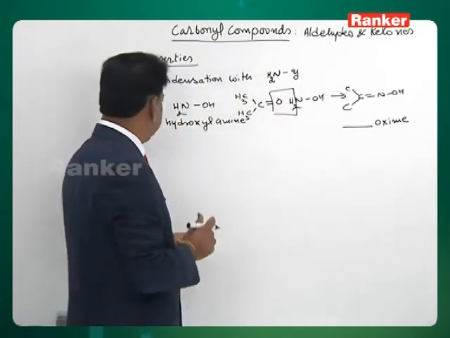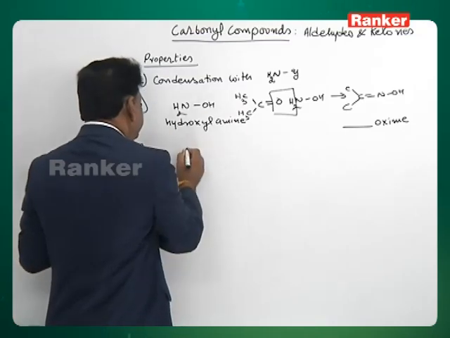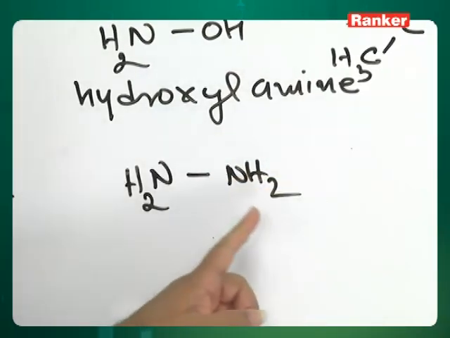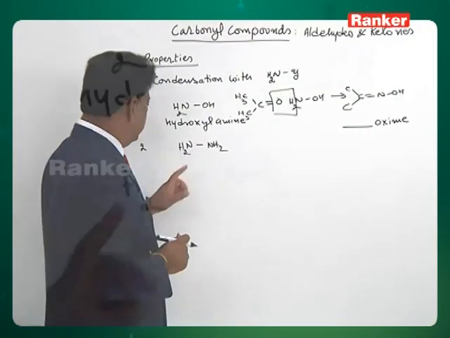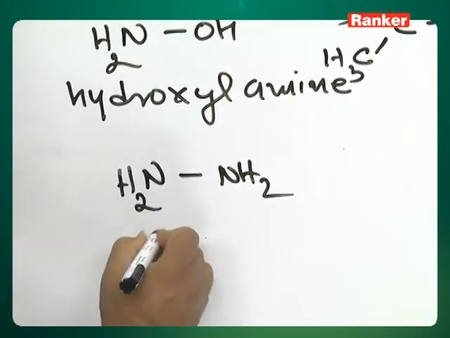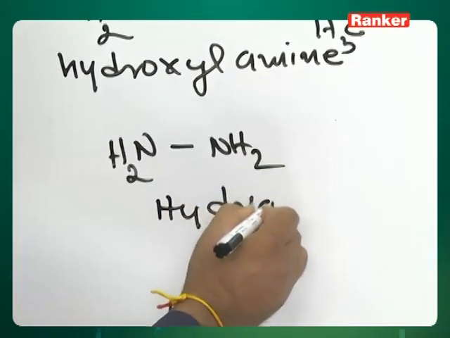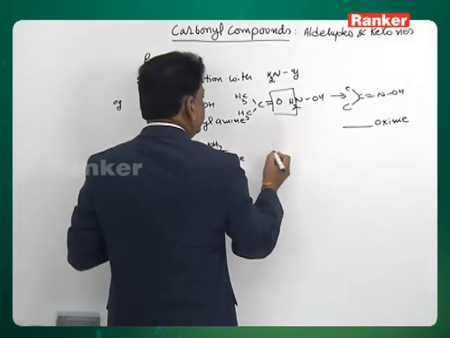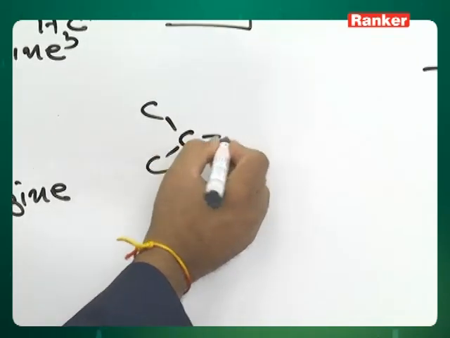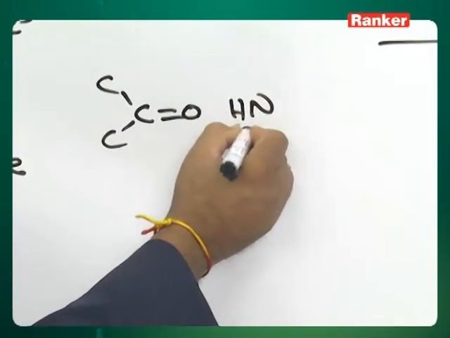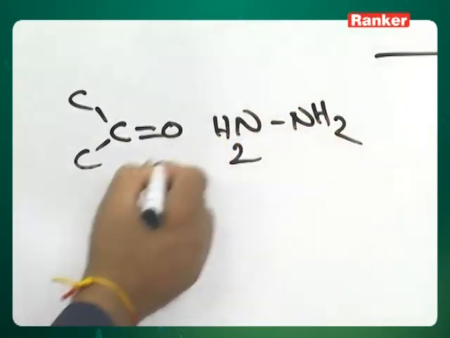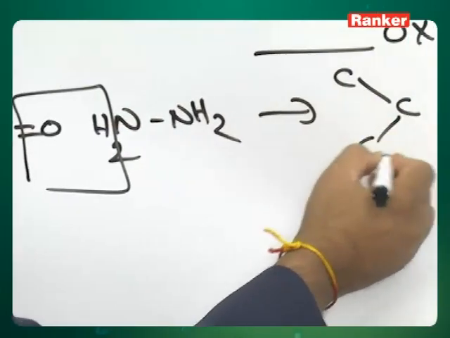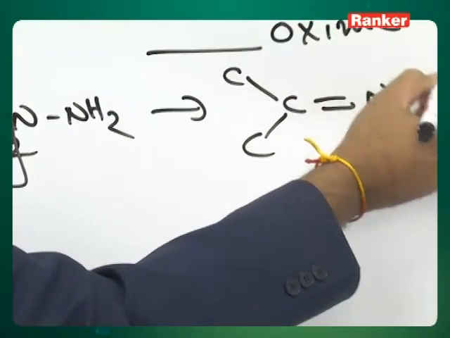Then similarly, if the reagent is NH2NH2, that is ammonia containing ammonia, this is called hydrazine. The hydrazine reacts with acetone, and a box mechanism may be shown to get the answer. So, acetone attached with the NH2.